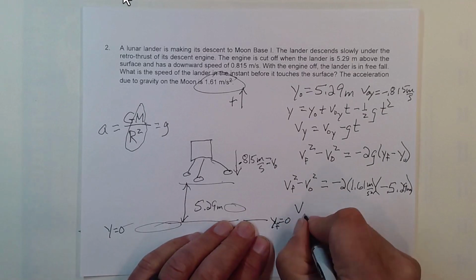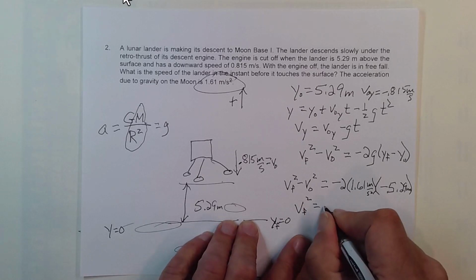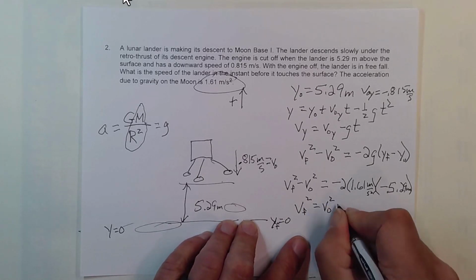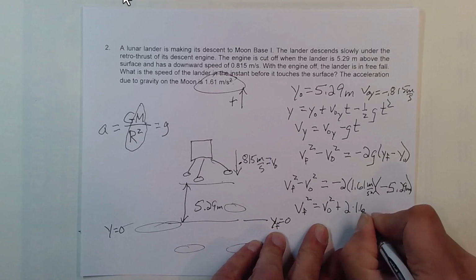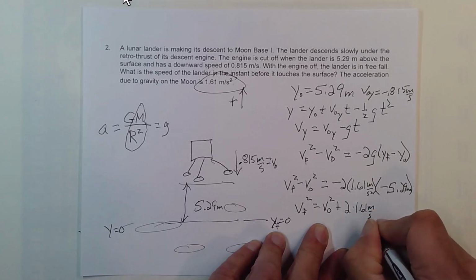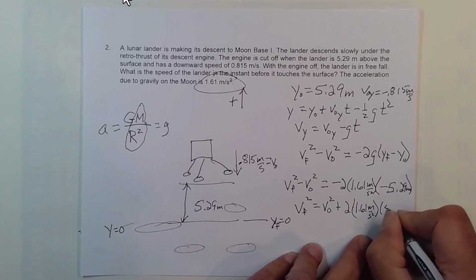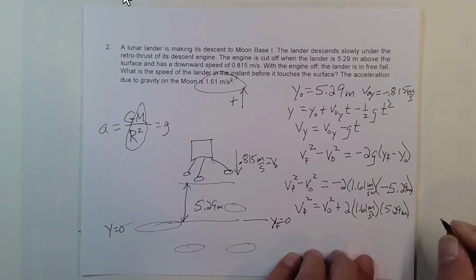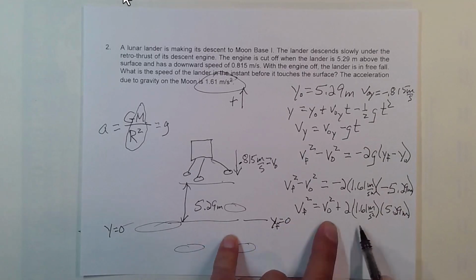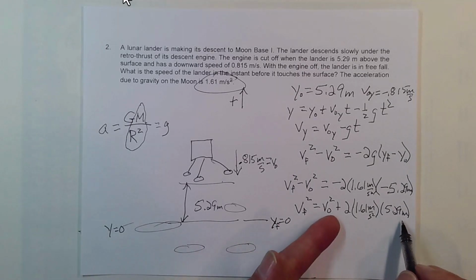V final squared will equal v naught squared plus 2 times 1.61 meters per second squared times 5.29 meters. Okay, v final will be bigger than v naught because we add on this bit here.